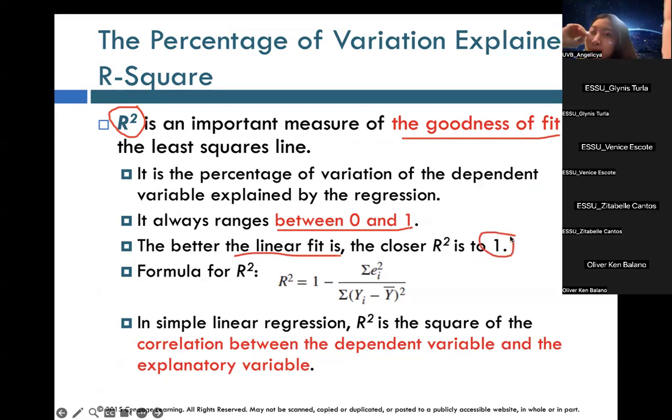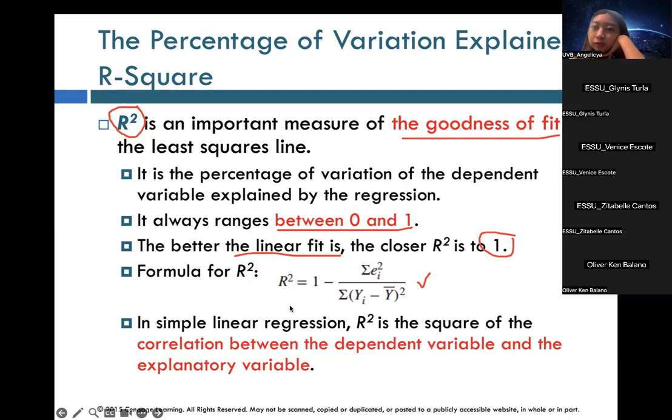I repeat, an R square closest to 1 means a better linear fit model. This is based on this mathematical function: 1 minus the prediction error, which gives the goodness of fit of your data.